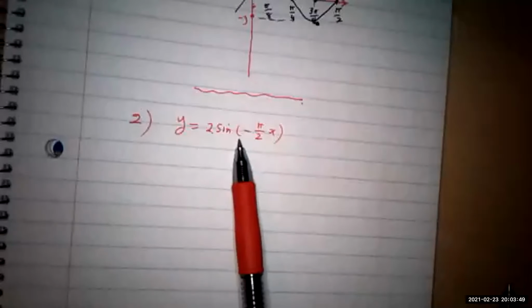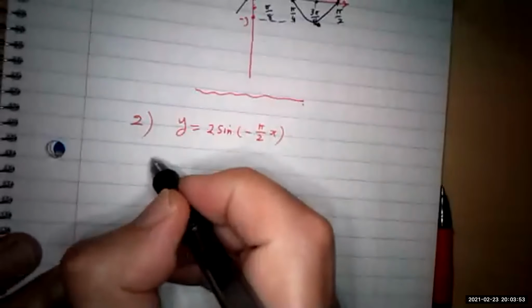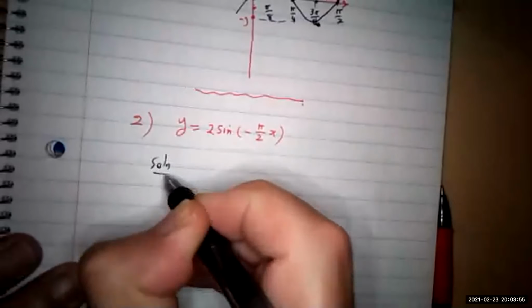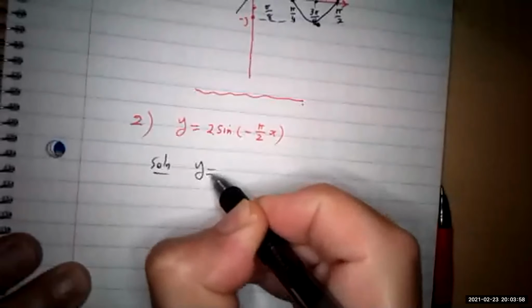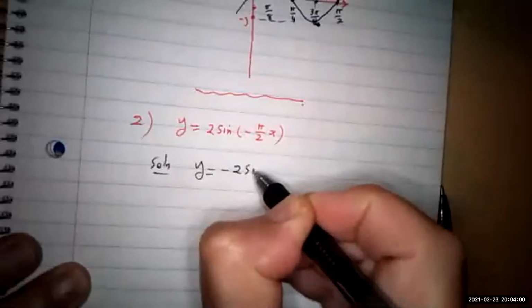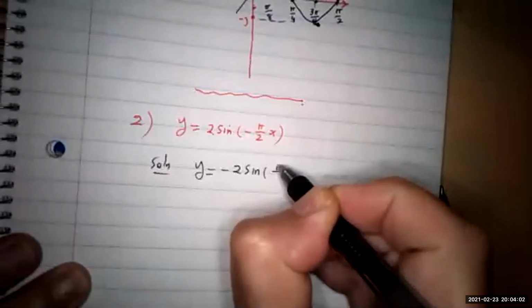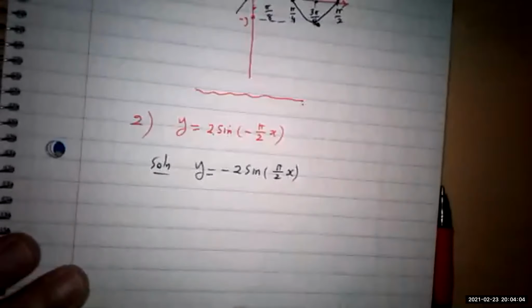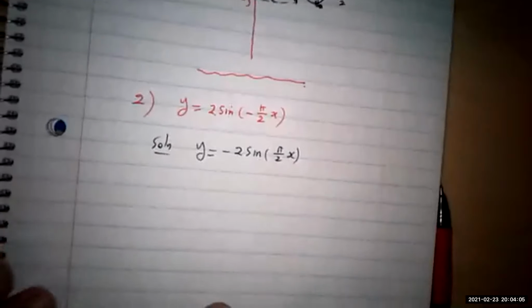That will help you quite a lot. So that's your first job. Solution: we rewrite it as y equal to -2 sine of pi/12 x. If it happened to be cosine, that negative would disappear.